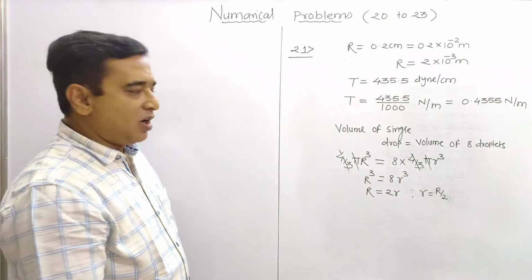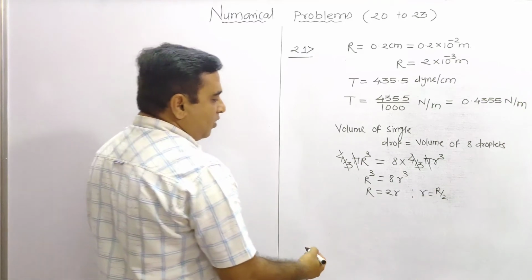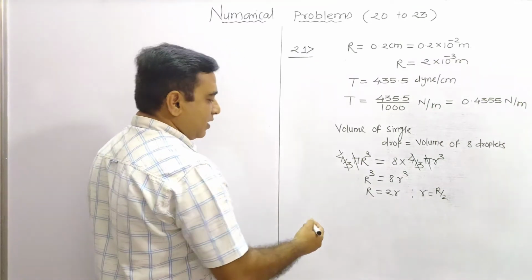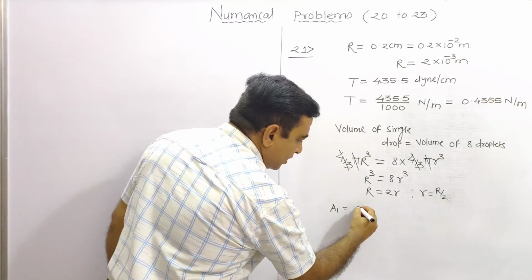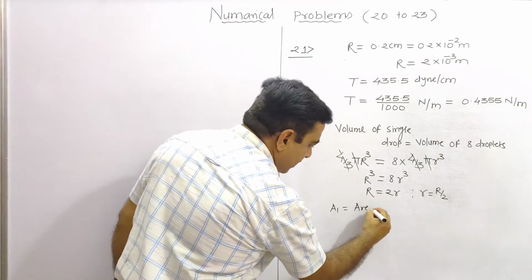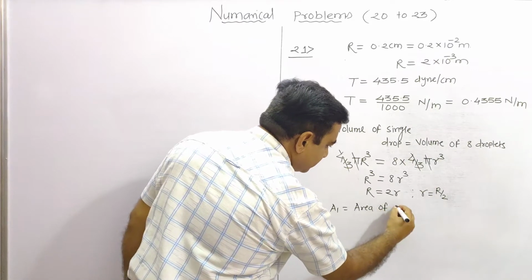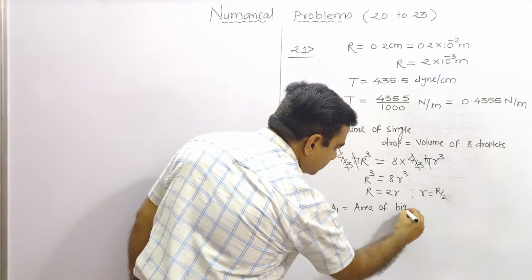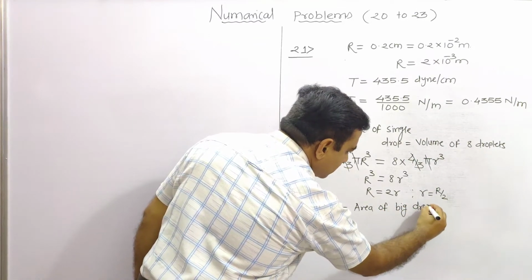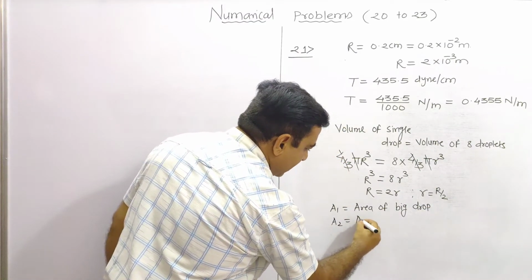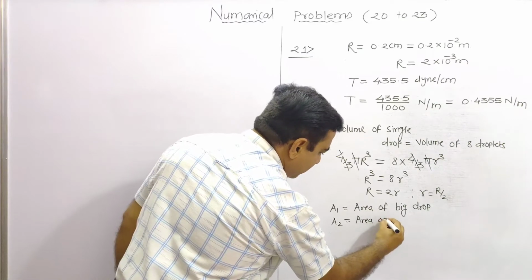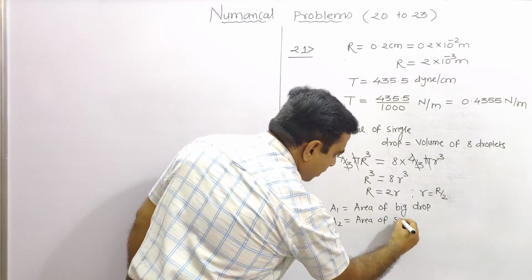Now we need to calculate the change in the area. Let A1 be the area of the big drop, and A2 the area of the small drop.